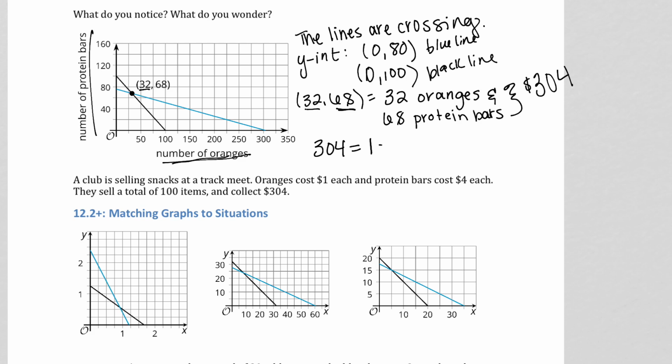S. 1S plus 4P, where S equals oranges and P equals protein bars. Can anybody see what my other equation could be?